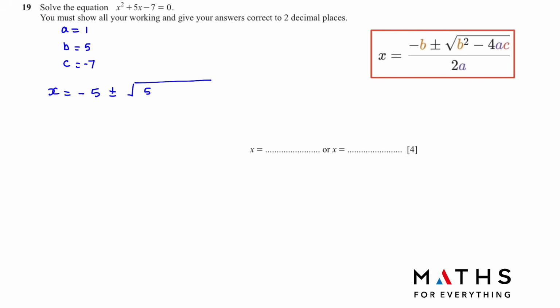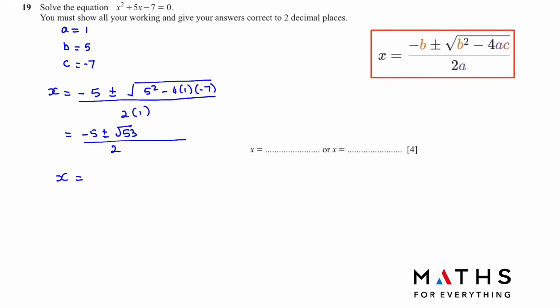B square, so 5 square minus 4 multiplied by 1 multiplied by negative 7, over 2 multiplied by 1. Just put the number inside the square root in the calculator. Sorry, don't use the square root, just the inside number. So you got square root 53 over 2.